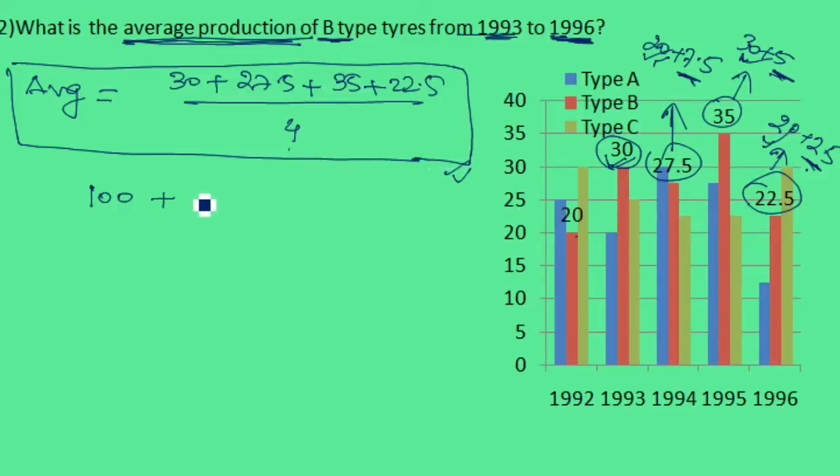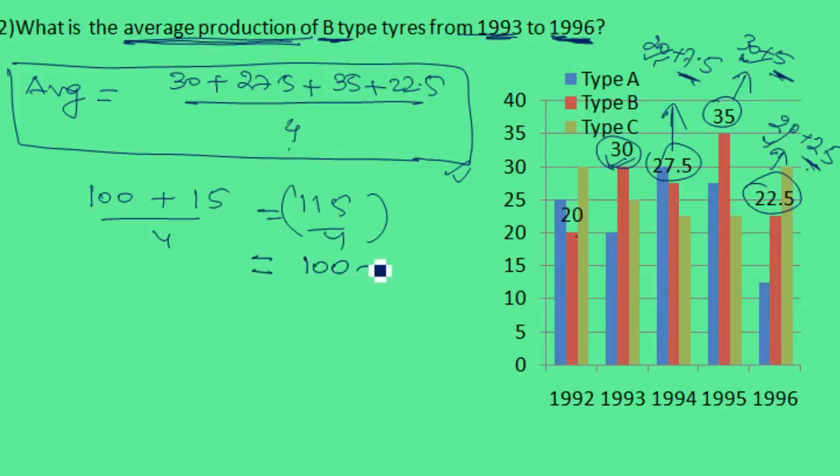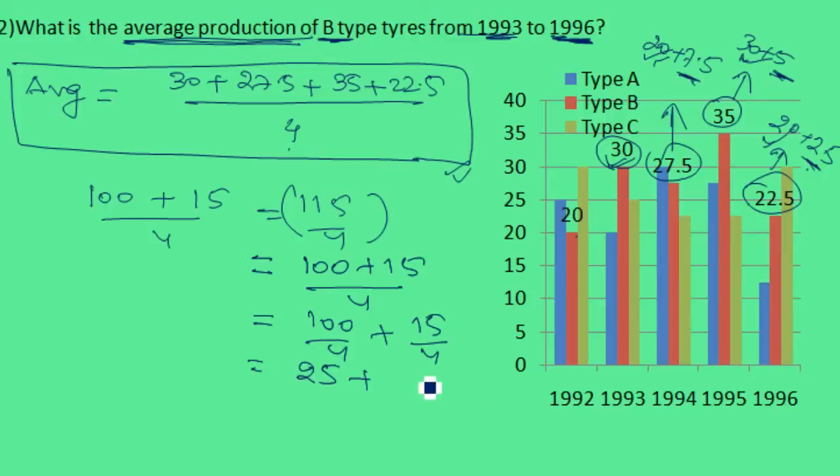So this can be written as 100 plus 15, divided by 4. 100 by 4 we know, and this is further 3 plus 3 by 4.